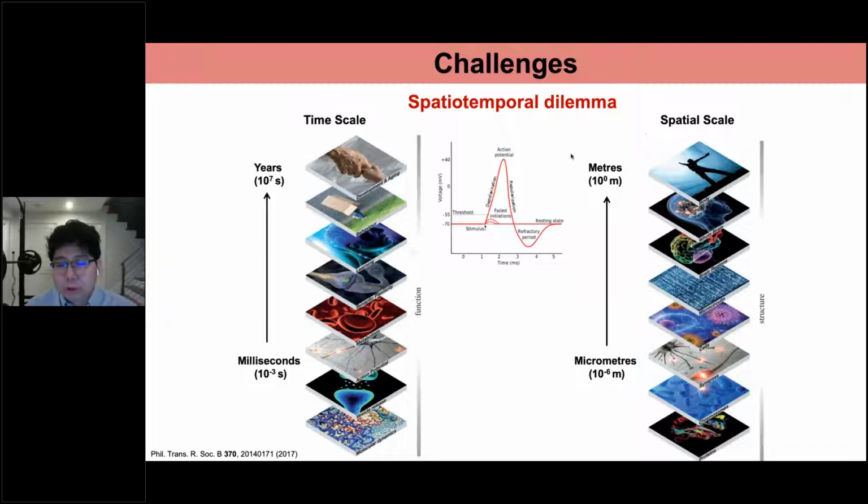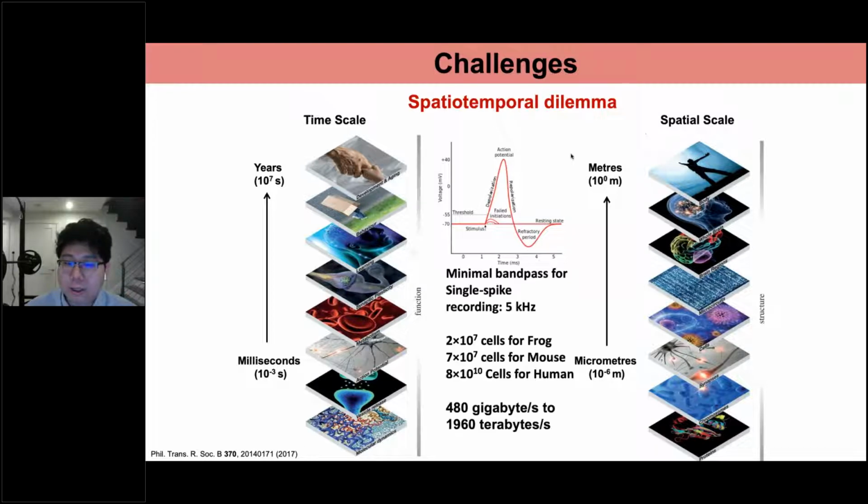And meanwhile, the individual activity is confined to individual neurons, which have a spatial dimension from 10 micrometers to 100 micrometers. However, if we involve the neurons distributed across the 3D brain, that is at a spatial scale from centimeters or even meters.